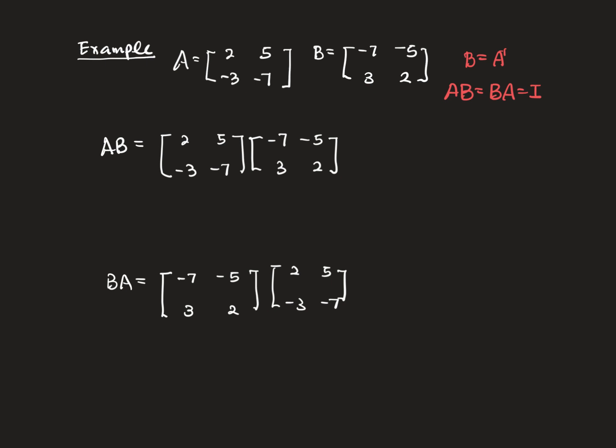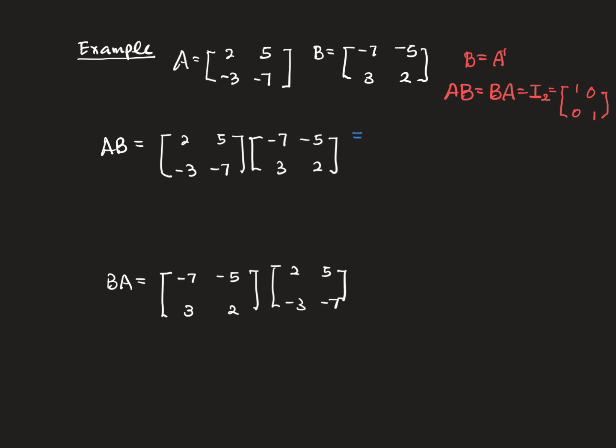What is the size of the matrix? It is 2 by 2, so that's going to be I2. I2 means the diagonal entries are 1 and 1, and every other entry is 0. That's what we have to prove. If you prove A times B and B times A are the identity matrix, we say matrix B is the inverse of A. So let's practice this, guys.